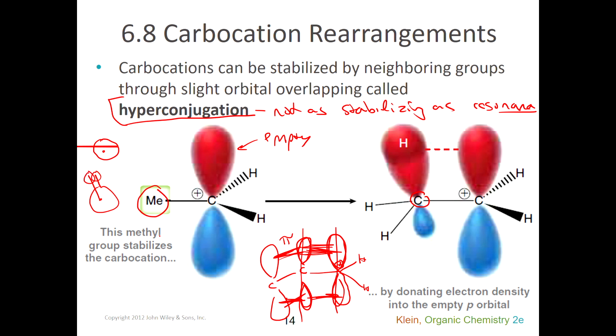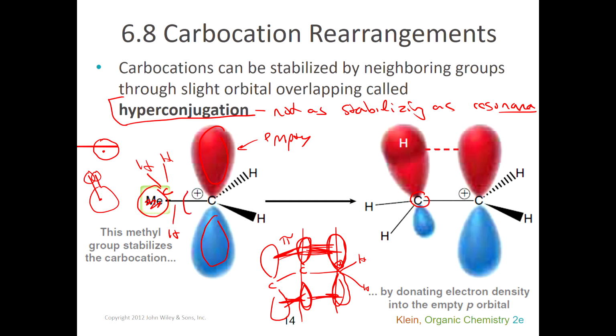That makes it unstable. In hyperconjugation, it's similar, but because this orbital here is empty, there's nothing in it, it would actually be more stable if it rotated into a position where it could eclipse one of the bonds on the neighboring atoms. So if this is a methyl group, it's really a carbon with some H's here, and there are 3 H's.